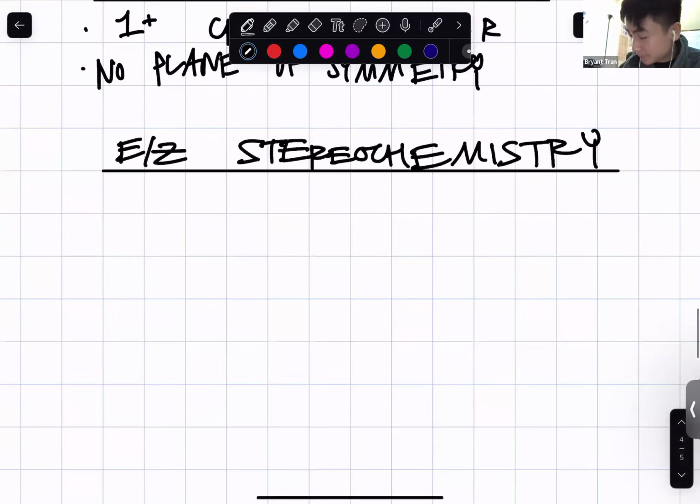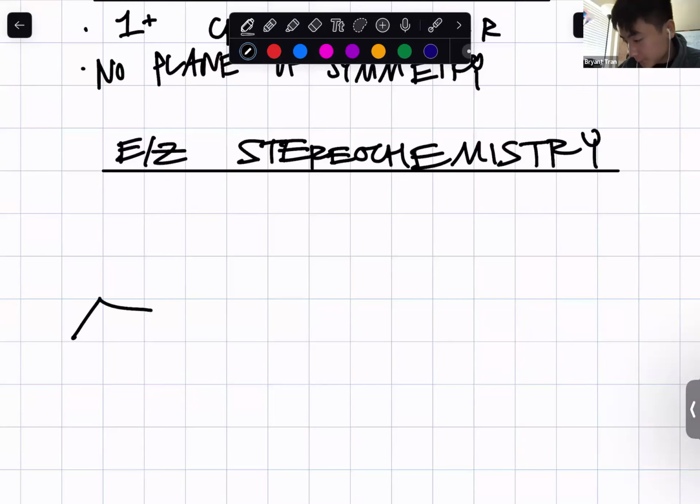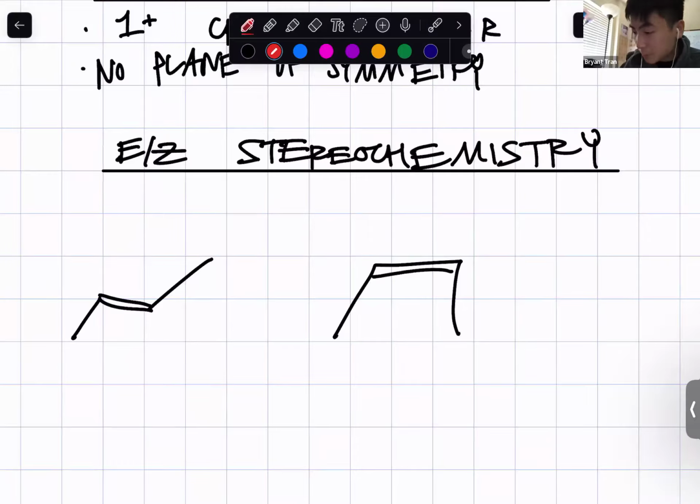Okay. So if you have an alkene like this, let's start with a simple one. You look at the double bond right here, and you make a line through that. Let's look at each carbon of the alkene one by one. We have this blue carbon and this pink carbon.